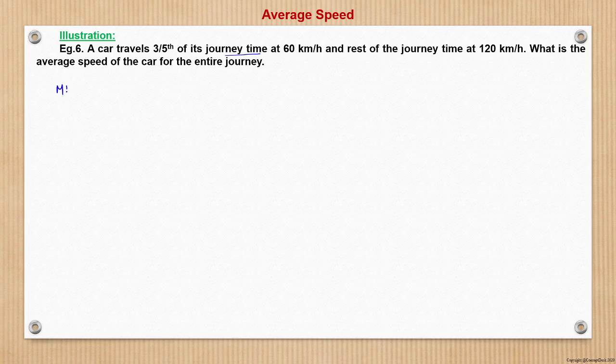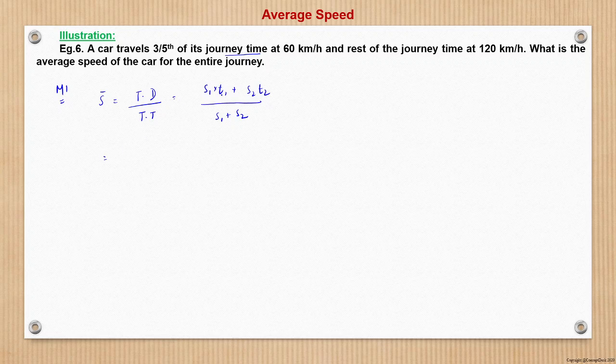again using method 1, we can say that average speed is what? Total distance upon total time, right? Total distance is S1 T1 plus S2 T2 upon T1 plus T2 if time is given.